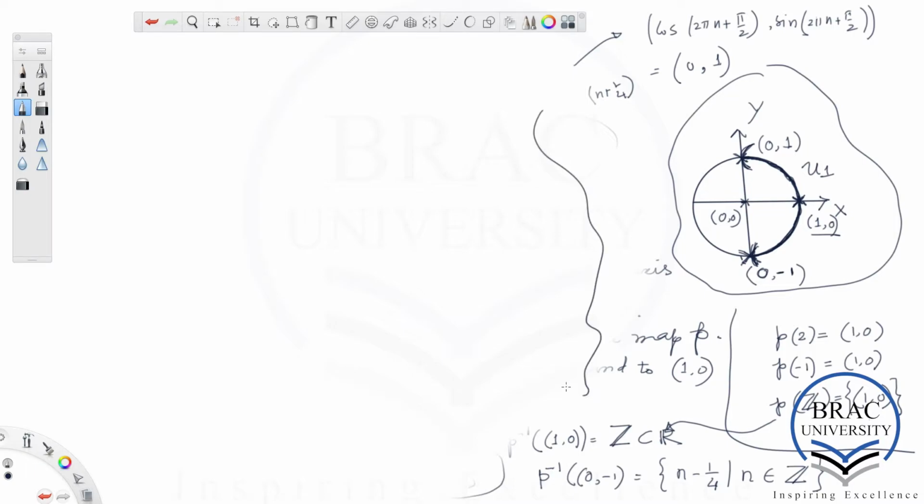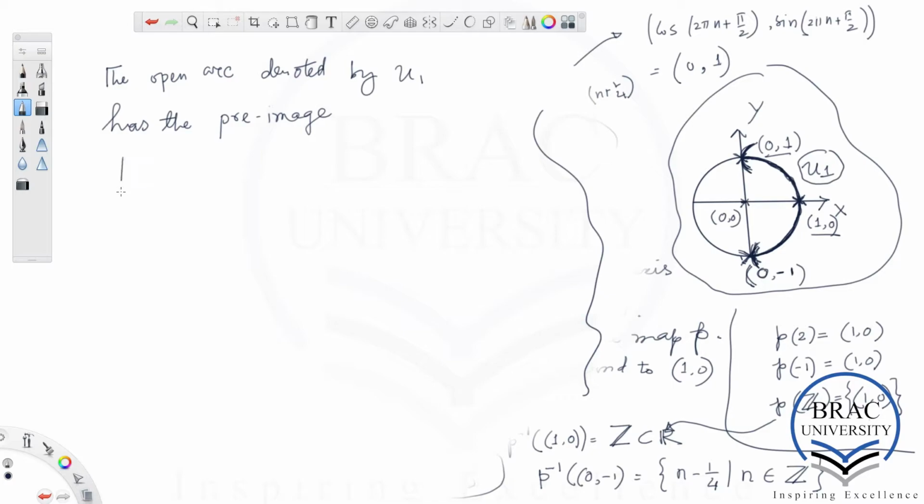So the open arc denoted by U1, between (0, 1) and (0, -1), has the pre-image P inverse of U1 equal to the disjoint union of all the open intervals from n - 1/4 to n + 1/4.